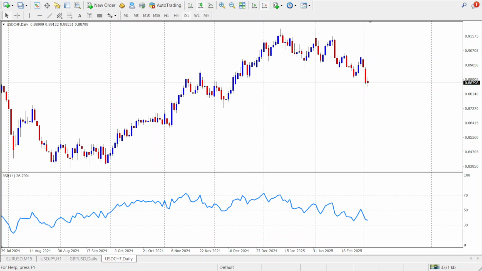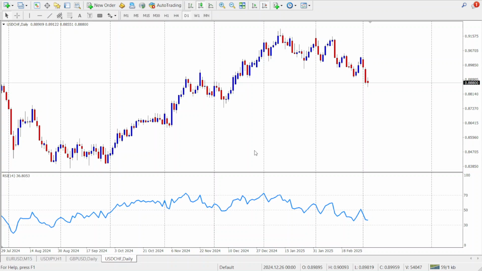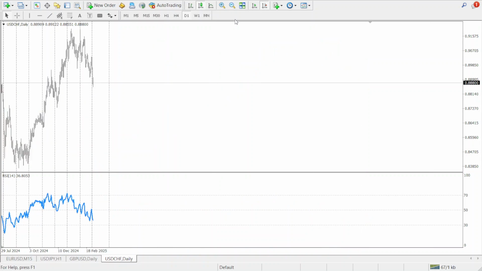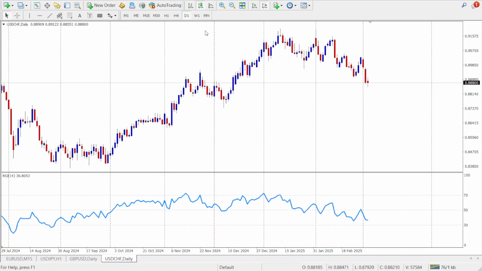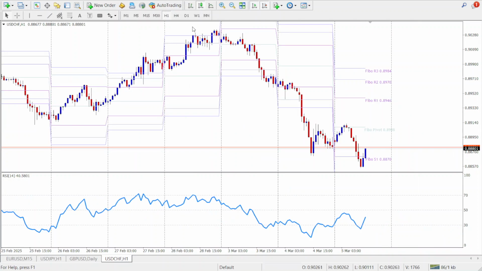So I'm going to be adding the Fibonacci pivot point indicator to the chart right away. Now, this is actually a custom indicator. So if you do not have the indicator on your platform, you might need to download it from an external site and add it to your indicators library.